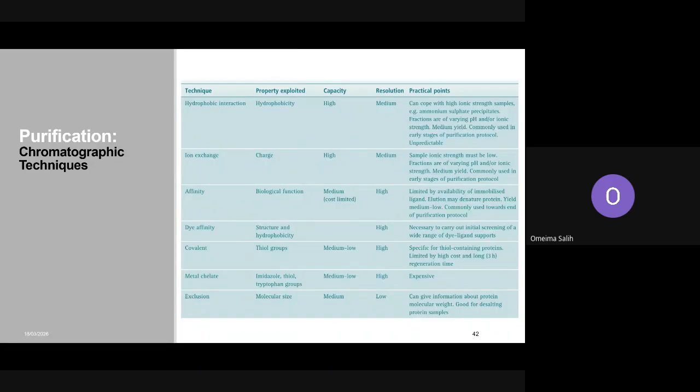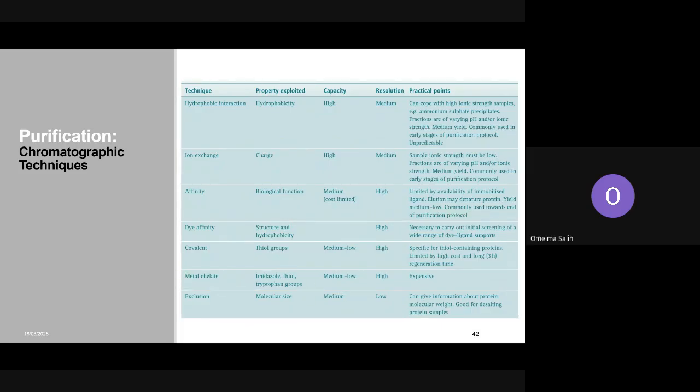For example, if you want to study highly charged proteins, with amino acids that have charged residues or charged side chains, you can use it for hydrophobic interaction, or if you want to test protein interaction, you need to study the protein and its type of hydrophobicity.